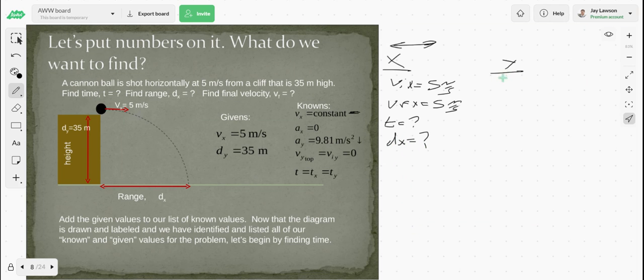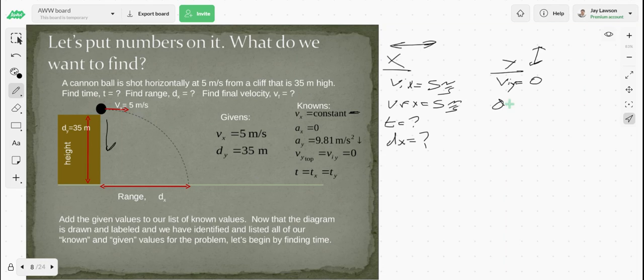All right, think about what we know in the y direction. In the y, we know the initial velocity is 0. The initial velocity in the y direction is 0, because up and down, think of this as an object in free fall. Okay? Up and down. If we didn't shoot this cannonball, we just dropped it, it would start from 0. Remember that free fall problem? So initial velocity is 0 in the y direction.